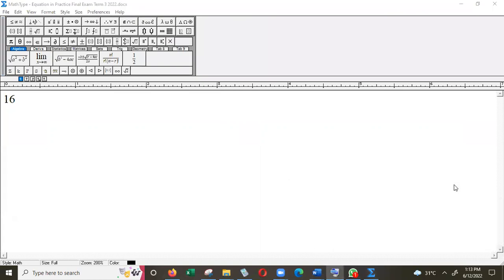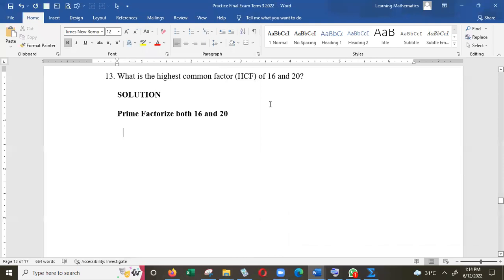So to prime factorize 16, we first find the first prime number, which is 2. Remember, a prime number is a number that has only 2 factors. So you can write that there.